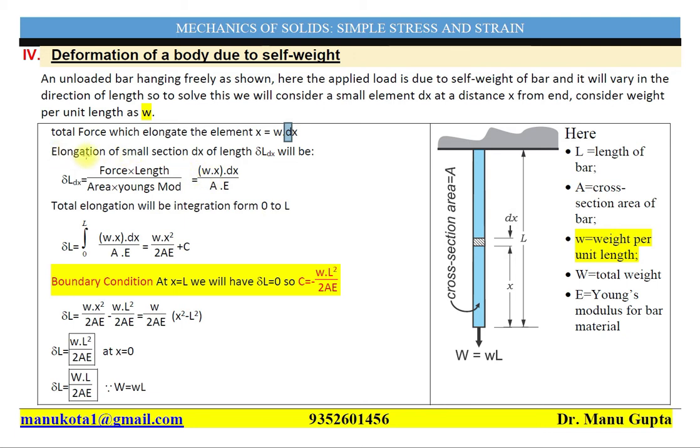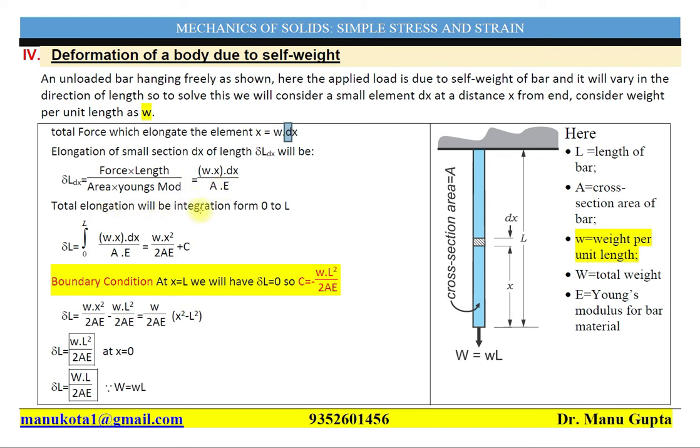The elongation of the small section of length dx will be delta L dx, and it will be equal to the net force on this element, which is w into x, times the length of this element, which is dx, divided by the area of this element into Young's modulus.